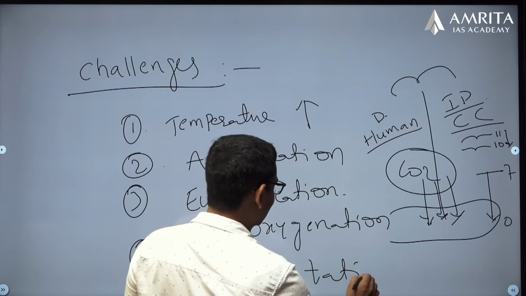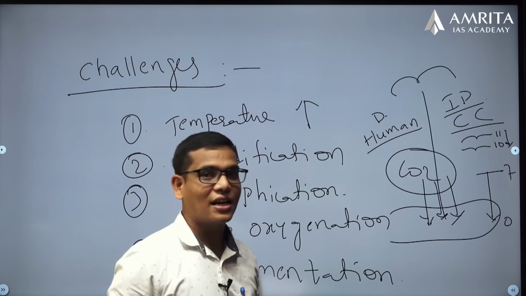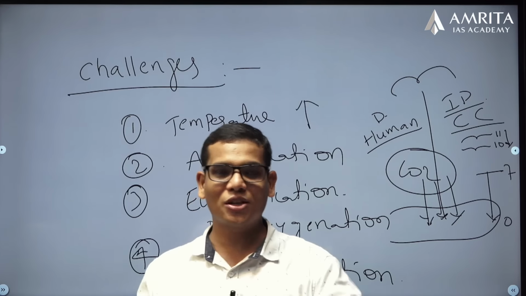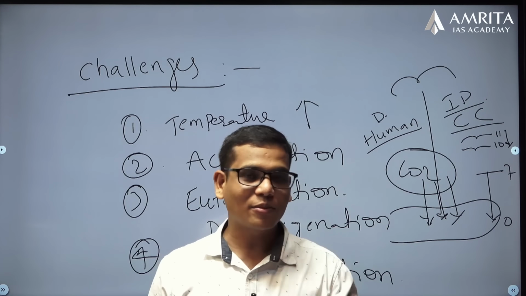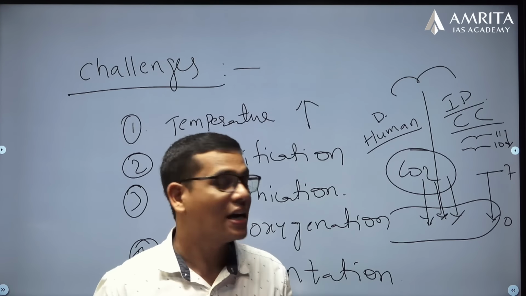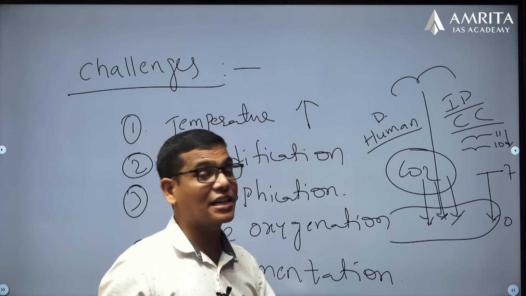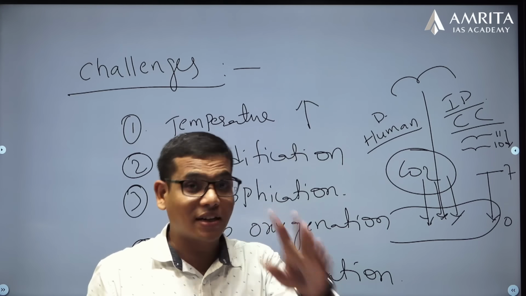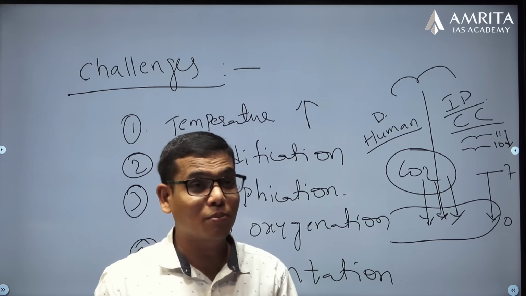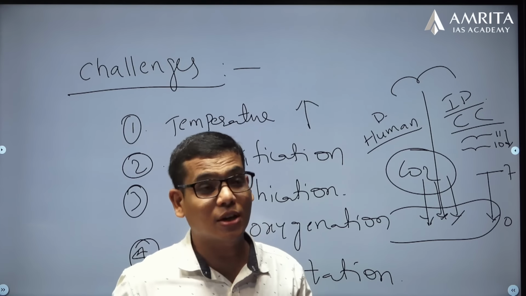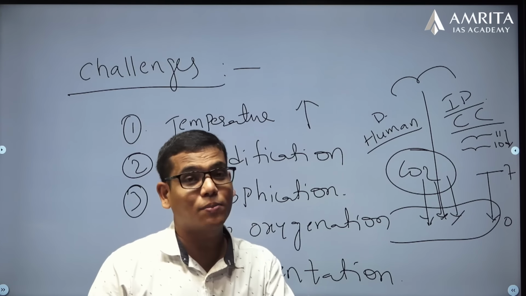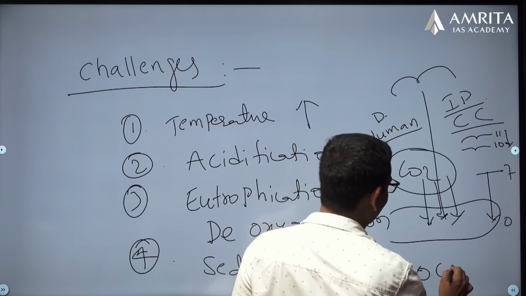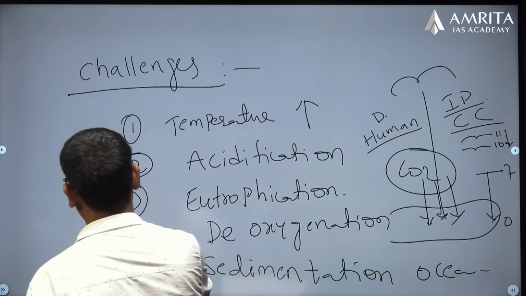The reason for sedimentation is, if you clear the forest, then whenever there is a huge rain, all those sediments will come into the river, and from that river they will enter the ocean. When a huge amount of sediment enters the ocean, it will certainly impact the water quality, the coastal ecosystem, and also the different ocean lives like corals.